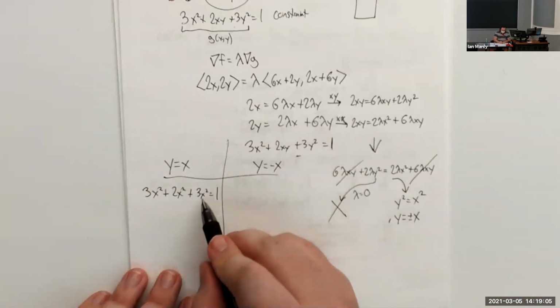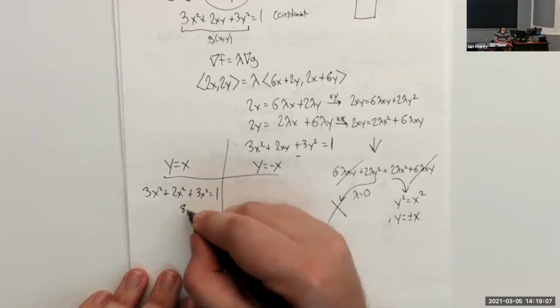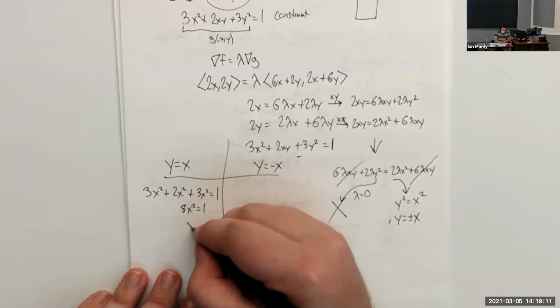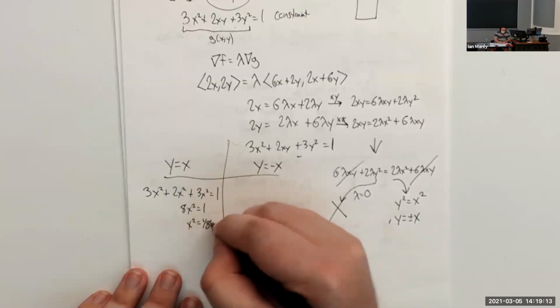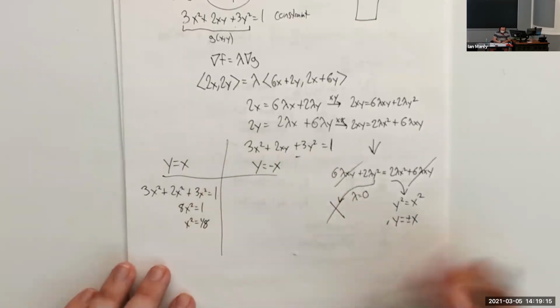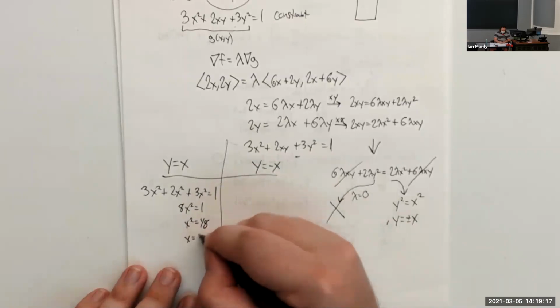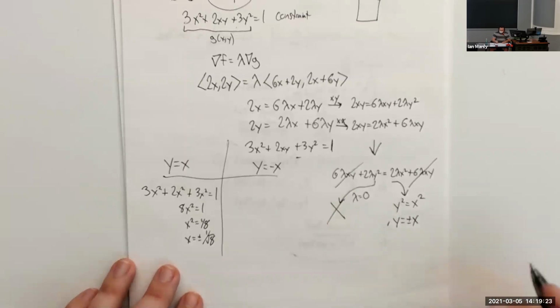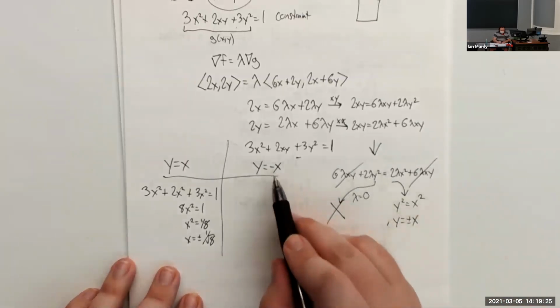All right, so that combined is going to give me 8x squared is 1. So x squared will be 1/8, and so x can be plus or minus 1 over root 8. Now we're going to do y as negative x.